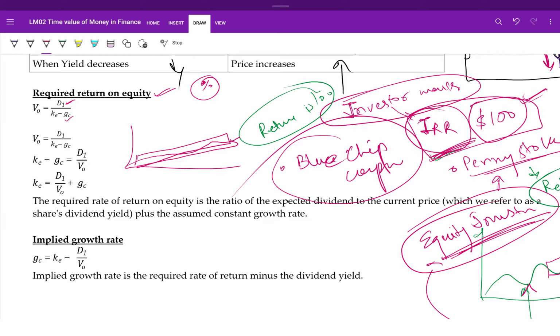So if a company is stable and growing, the rate of return is calculated using dividends. Let's assume the dividend is $10 here, and in the next period the dividend is $12. So this is actually a 20% growth.